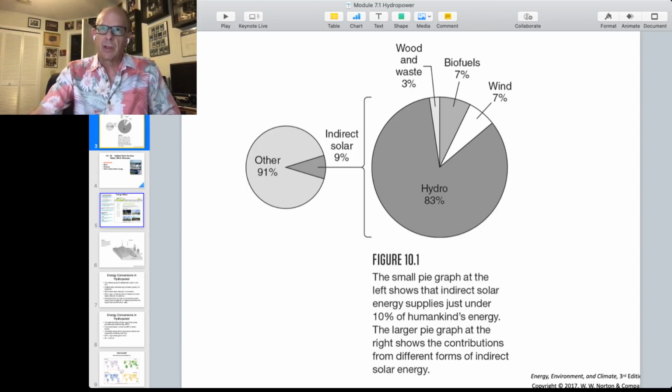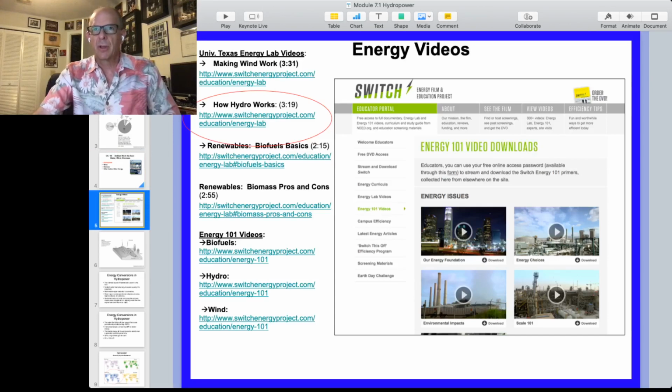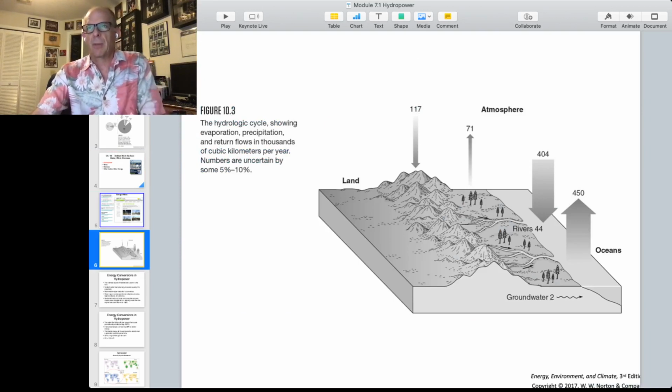So let's take a look at how hydropower works. That's the first part of chapter 10 of your textbook. Remember again that you've got resources that you can go to in the switch videos. But let's start by taking a look at this hydrologic cycle.